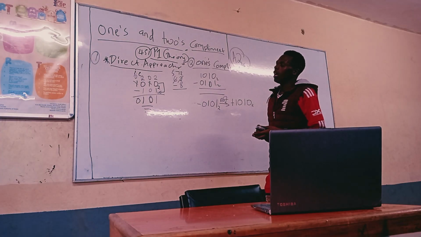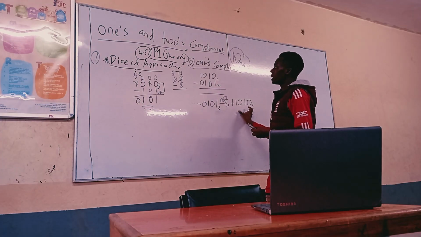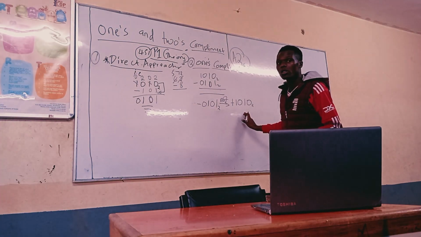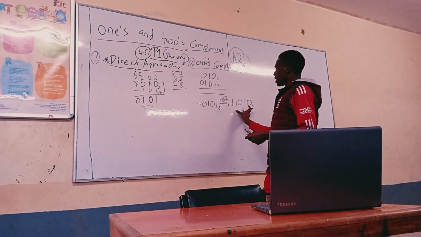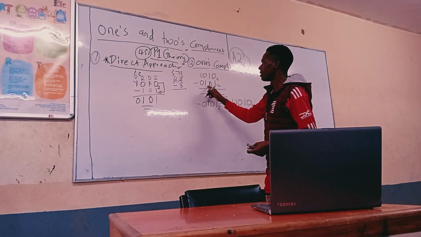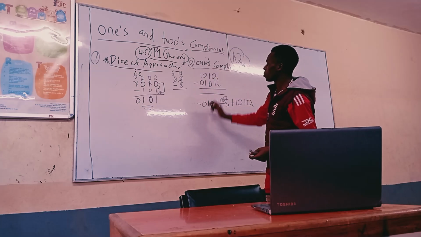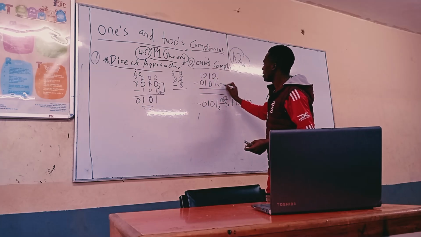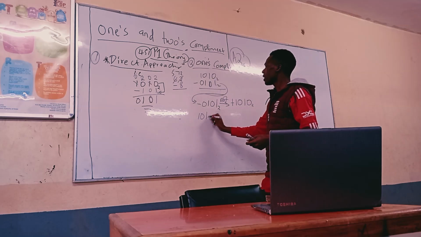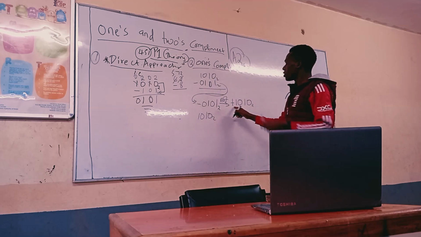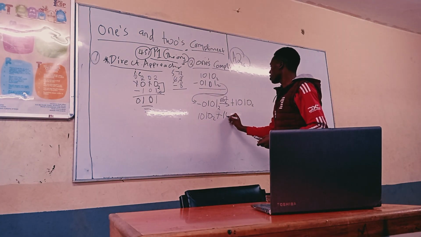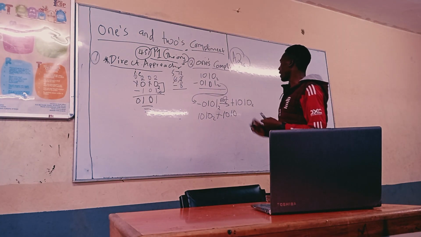After you have found this one, in one's complement, what do you do? You take this answer, and then you add the positive one, because this one was positive. So this one remained 10, 10. This one is a positive 10, 10.